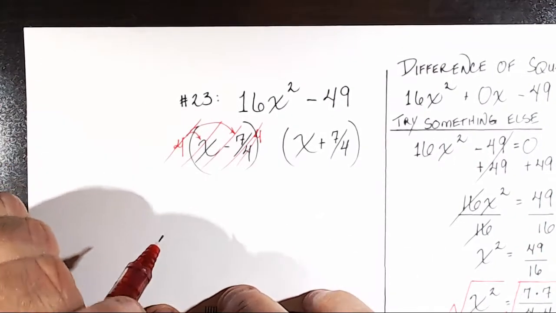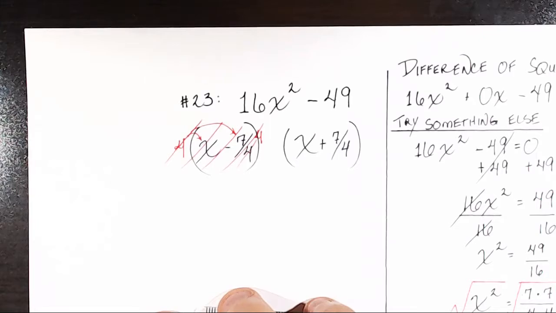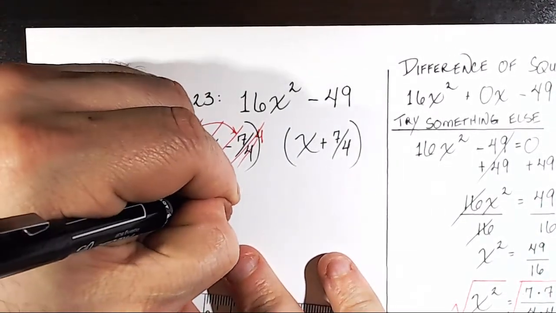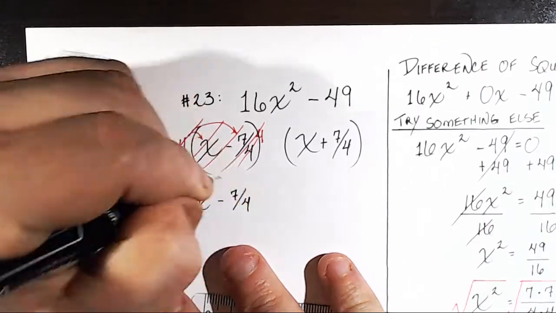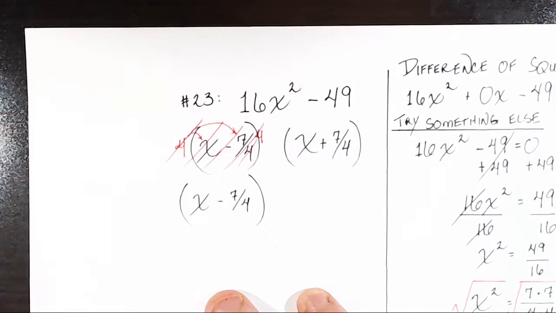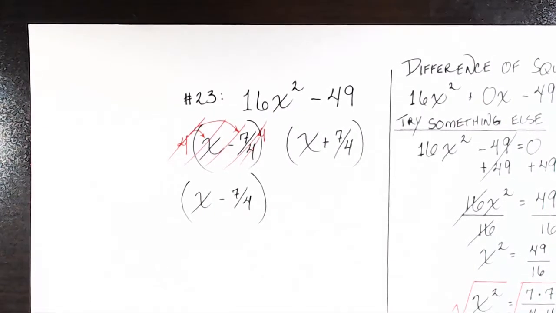Okay, so this is the hard part of math, is to think what to do. All right, so now let's get back to, you've got x minus 7 over 4. What can you do to get rid of the fraction?